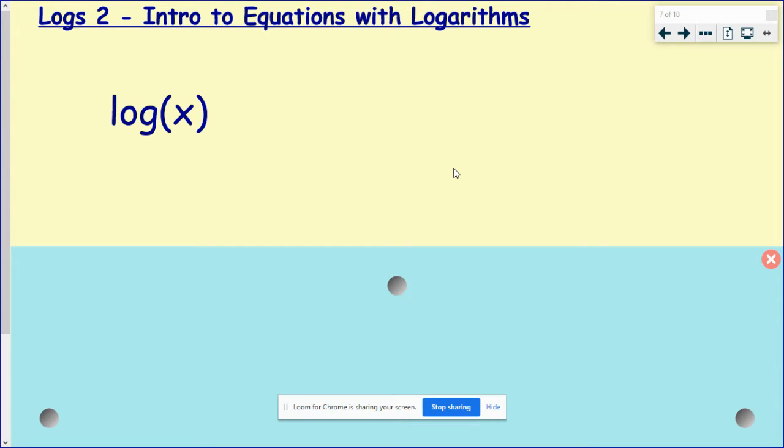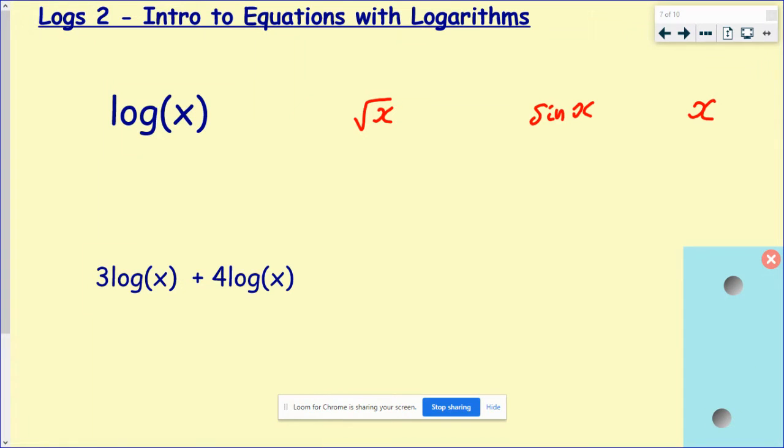First of all, log x. I want you to think of it a bit like root x or maybe sine x. It's just a value that we don't know, and in that case we can treat it like any other variable, even just x. And so when we see it in an expression, maybe like this one here, we can just treat it as 3 lots of a number we don't know, plus 4 lots of that same number we don't know.